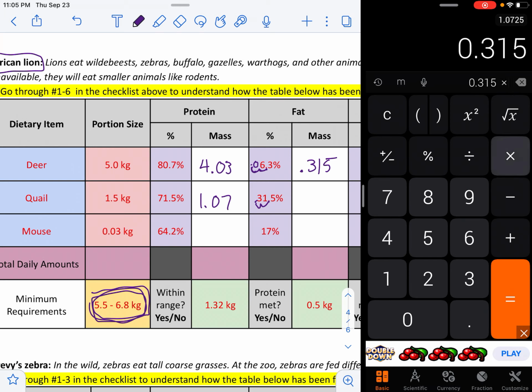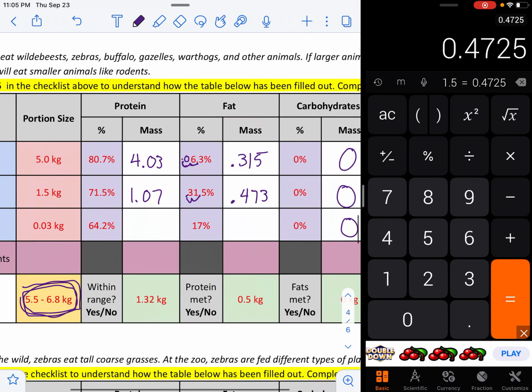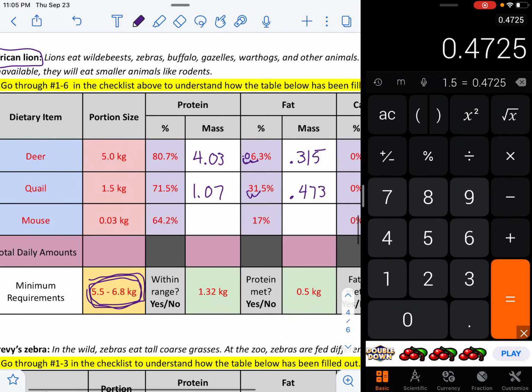And I multiply that by the portion size, which is 1.5 for the quail. And I get 0.473, we're going to say. I already know carbs are 0, so I don't have to do anything there.